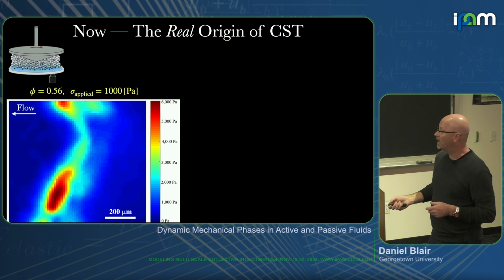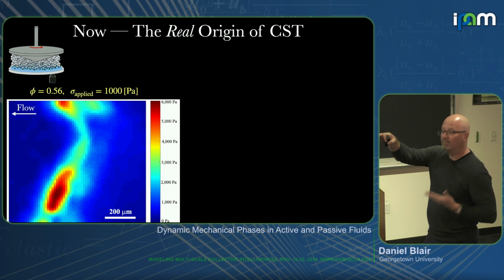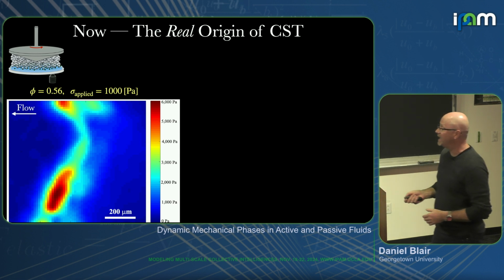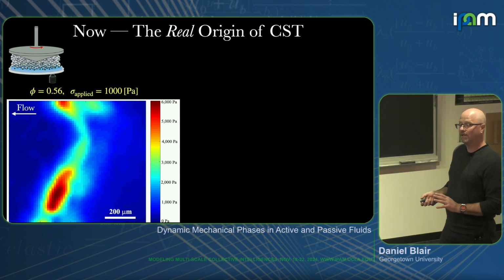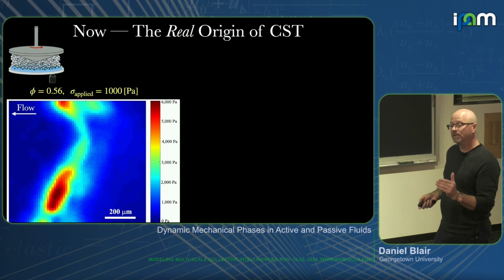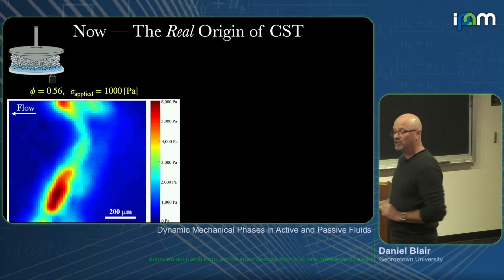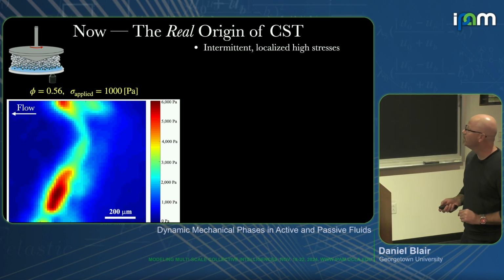I just have to say, okay, if I average over all of this region where a lot of it's 0, the average should be 1,000 pascals. The force at the top should equal the force at the bottom. I'm not breaking any laws here. I'm just stating that it can be localized. And not only localized, but temporally unique in the sense that if I look a second later, this is going to change. And I'll show you that now.